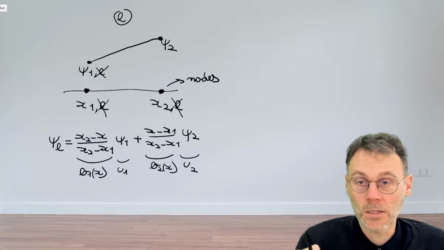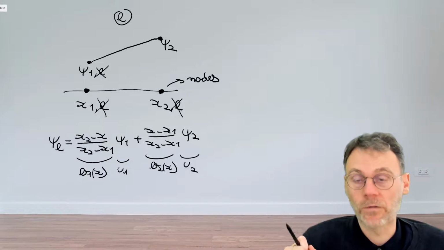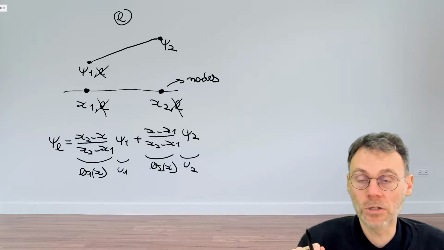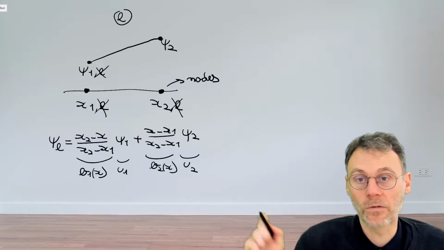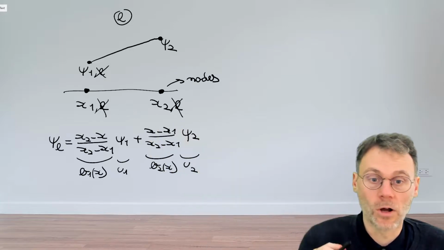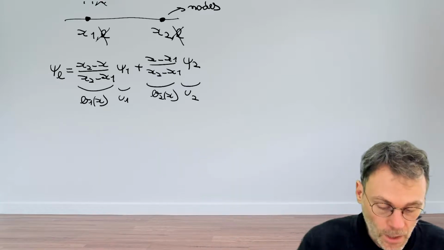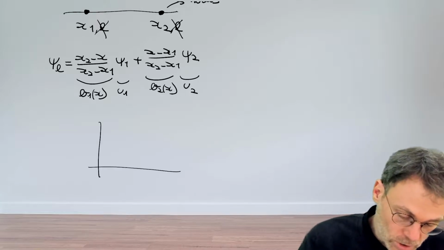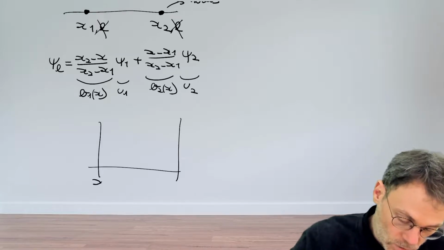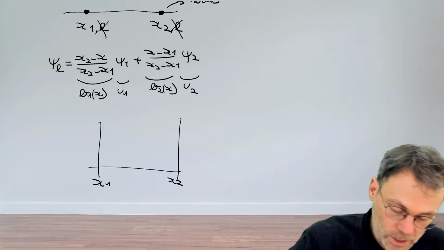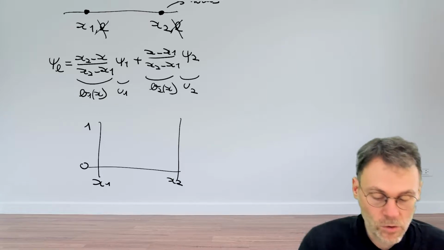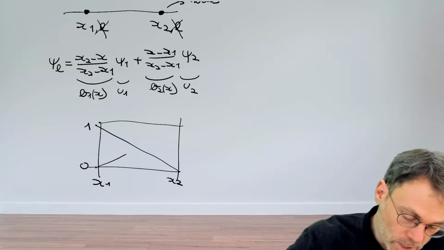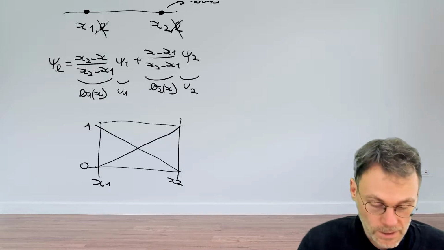In this particular case, there's also a very clear physical interpretation behind these unknown expansion coefficients. Namely, they are the values of the field at the nodes of our elements. Just for fun, we can sketch these basis functions. So if we have x1 over here and x2 over there, and this is 0 and this is 1, well then basically these basis functions vary linearly between 0 and 1 at these endpoints.